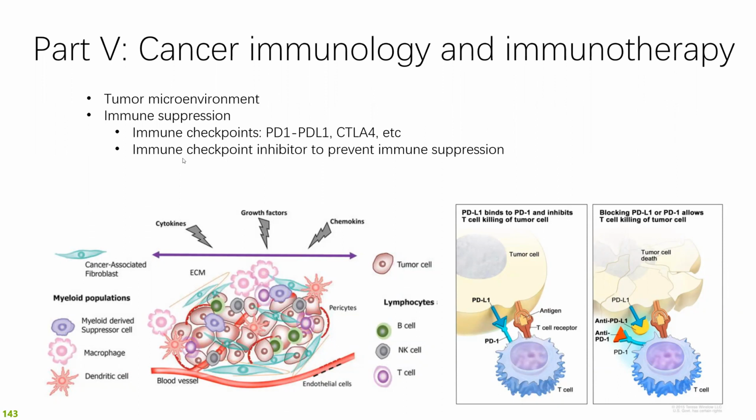But we usually find that the tumor cells are not just going to sit there waiting to be killed. They will suppress the function of immune cells through a mechanism called immune checkpoints. For example, on the tumor cell you will have the PD-L1 ligand, which can bind to the PD-1 molecule on the surface of T cells, and upon recognition, it will suppress the function of T cells.